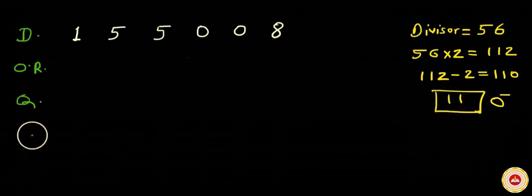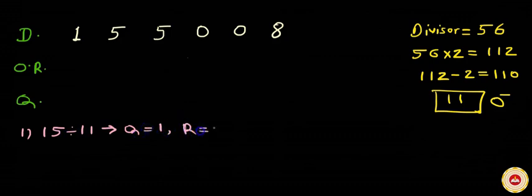So step number 1 is to divide this 15. Why this 15? Because 1 is less than 11, so it cannot be divided by 11. So join the second digit 5 to this 1. Now we have 15. Let us divide this 15 by 11, which gives us quotient 1 and remainder 4. 15 minus 11 is 4.